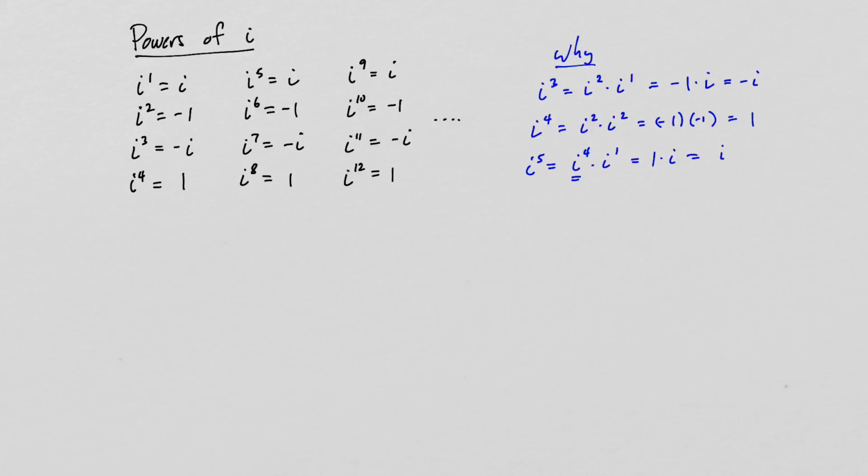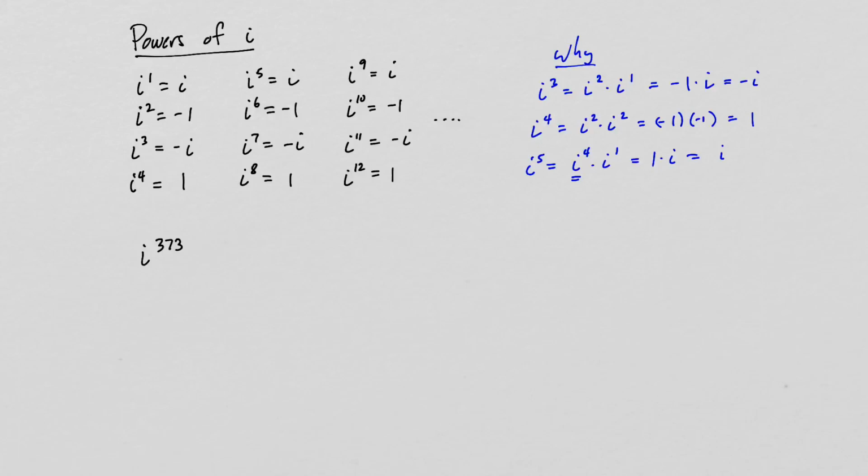And so if I tell you something like, what is i to the 373 power, you should be able to figure this out because you know that it's going to go through this pattern. So one way to do it, which would be kind of silly, would just be to count your way to 373.